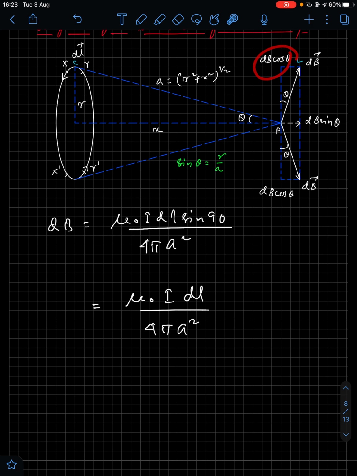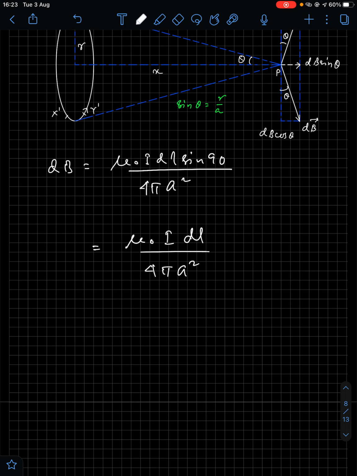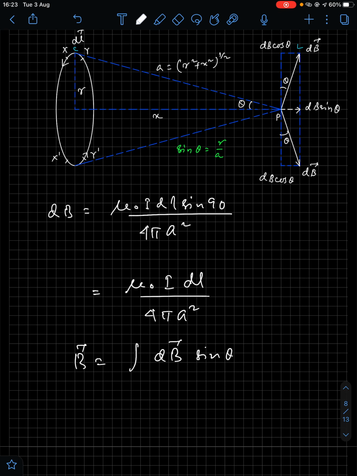Now already we have talked about that all dB cos theta will cancel each other, and dB sin theta will add up. So magnetic field at the point P due to the entire coil will be given by integral of all the dB sin thetas. So you see sin theta from the diagram, sin theta is what?